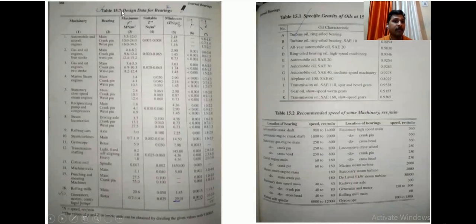Here is Table 15.7 of the design data book written by Reddy and Mahadevan. In the first column there are many applications. In the second column is the particular place or bearing being designed for that application.